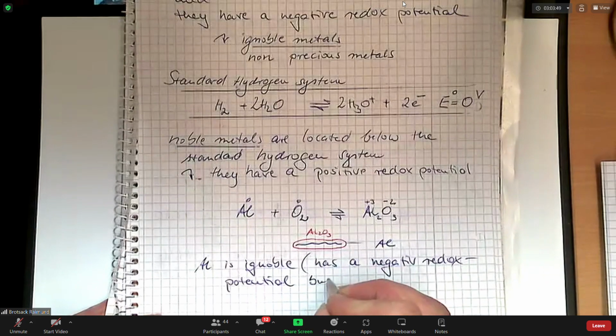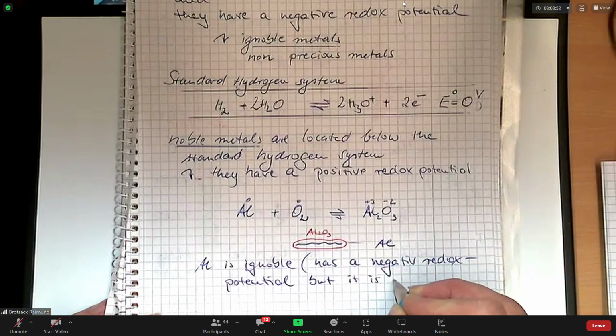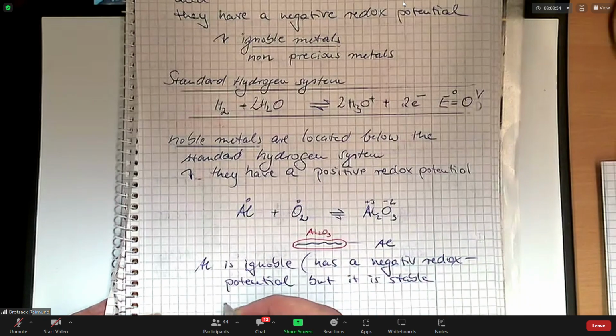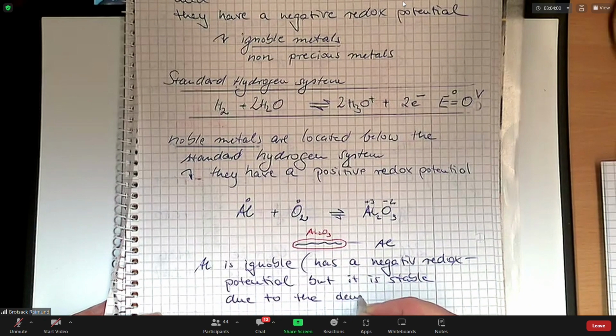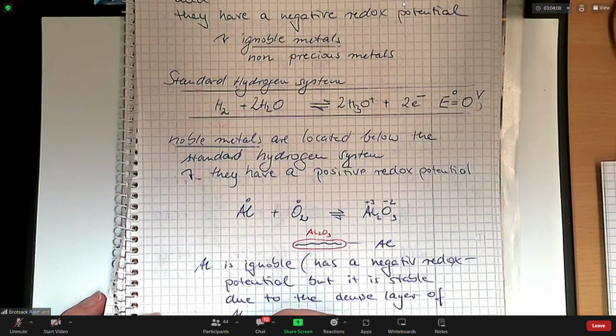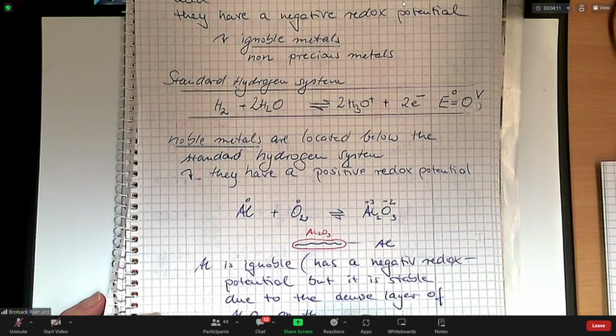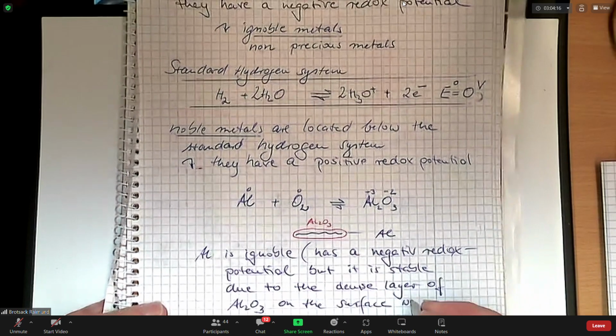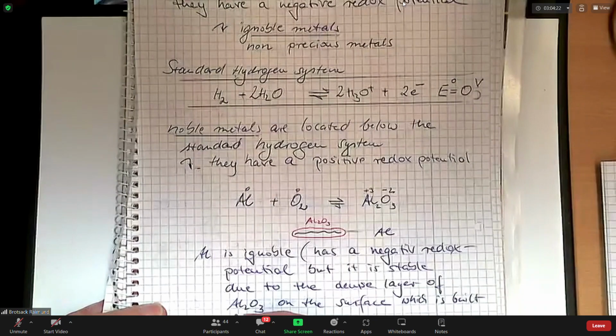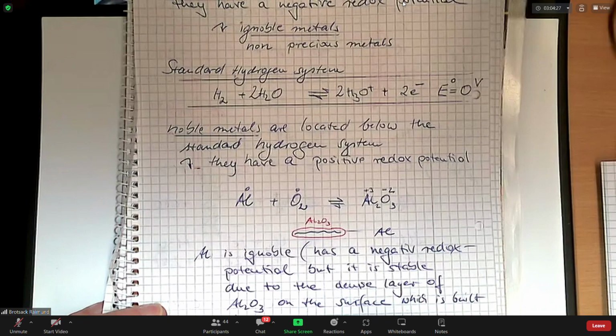But it is stable due to the dense layer of aluminium oxide on the surface, which is built immediately in contact with air.